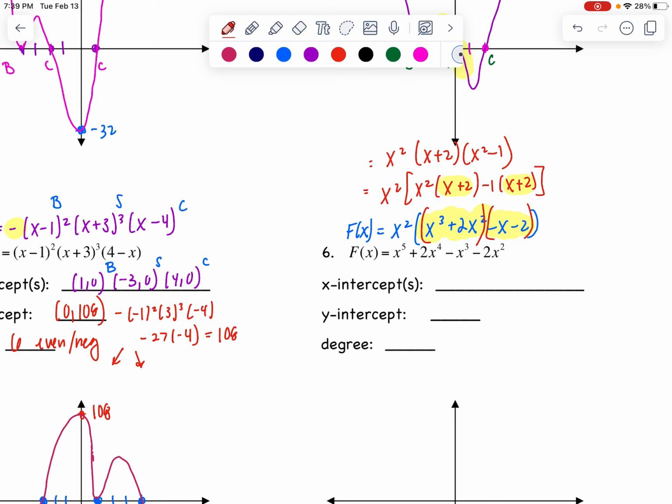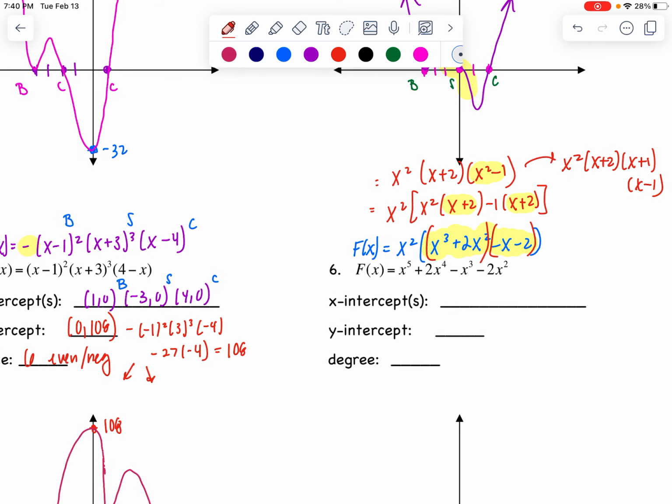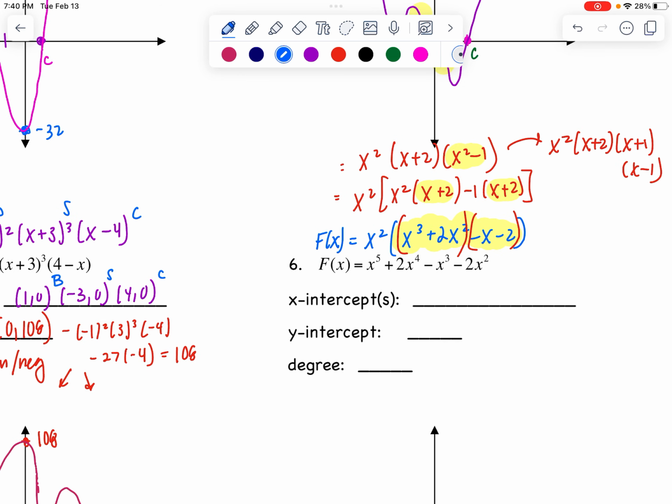Factor it one more time. Right, the x squared minus 1 is a difference of squares. So we get x squared times (x plus 2) times (x plus 1) times (x minus 1). And that is our most factored expression right there. It looks like we have a bounce, we have a cross, and a cross.